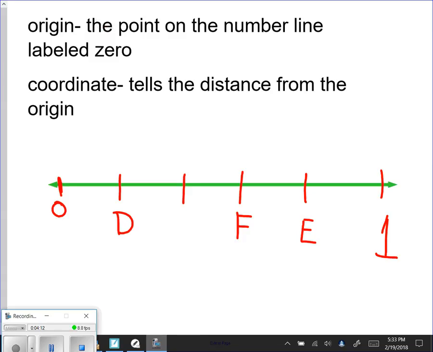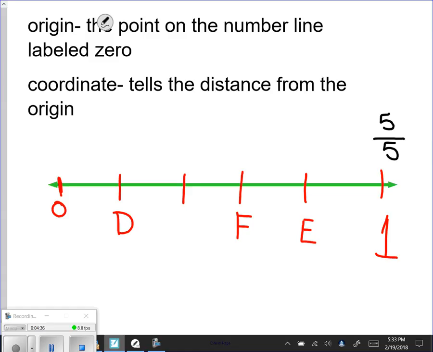Okay, so if you see you've got your origin 0 to 1, how many lines are there between 0 and 1? You've got 1, 2, 3, 4, and then your whole is 5. So this is fifths.